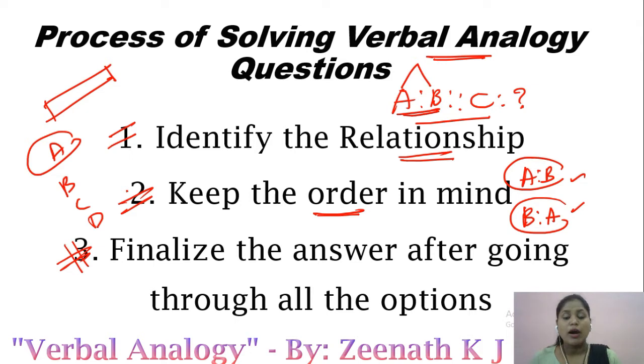You have to understand, our job in verbal analogy is not just to get a correct answer, it is equally to get the best answer out of ABCD, which has the perfect relationship as mentioned in the question, plus keeping the order in mind. That's why please do not rush while answering questions in verbal analogy.